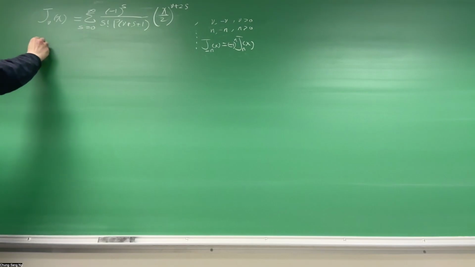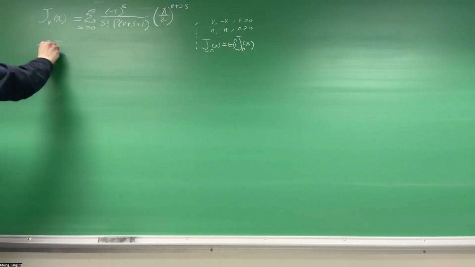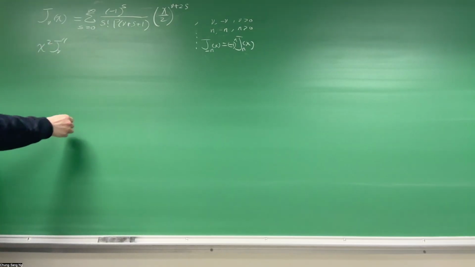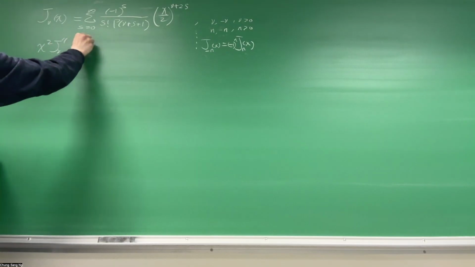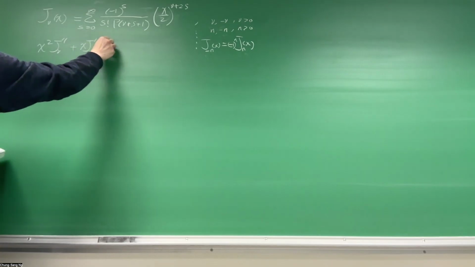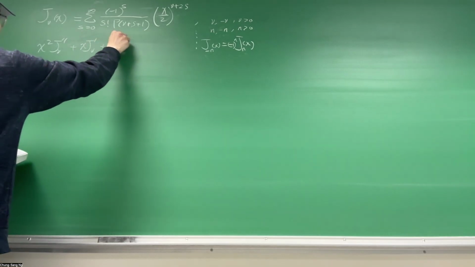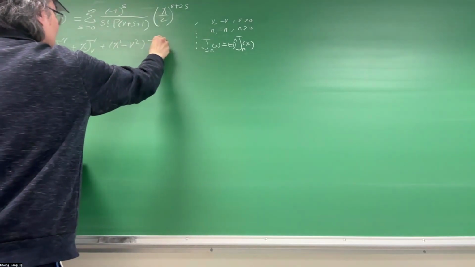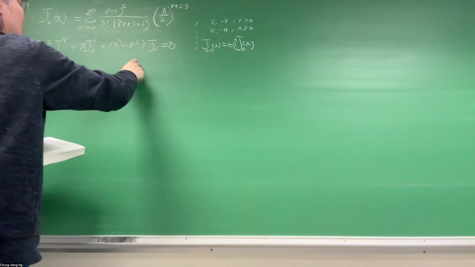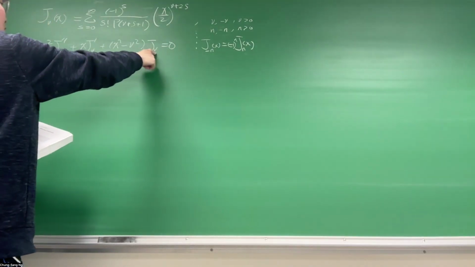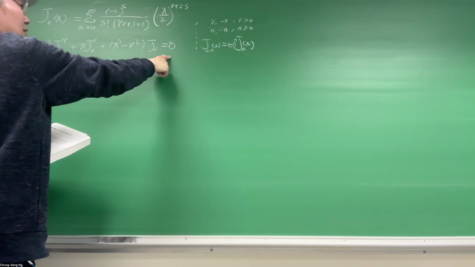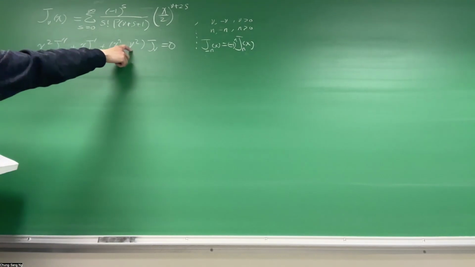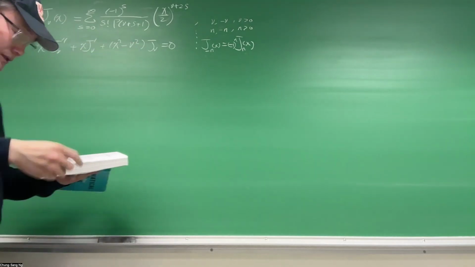This J nu is the solution of this Bessel equation, equation 14.1: x squared y double prime plus x y prime plus (x squared minus nu squared) J nu equals 0. So J sub nu and J sub minus nu satisfy the same equation, because the coefficient depends on nu squared. So whether it's nu squared or minus nu squared doesn't matter.